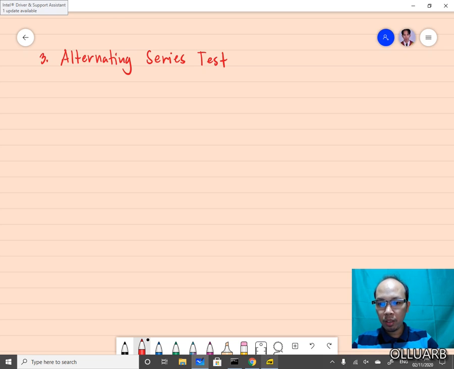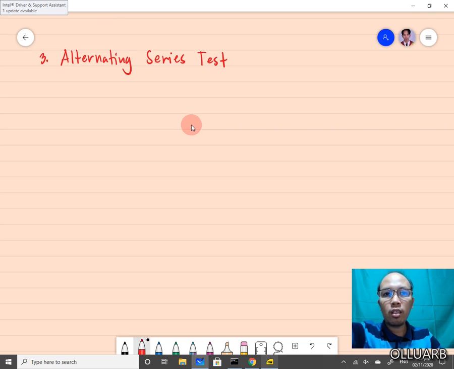So what will happen if we allow negative terms? Actually this will be difficult, but there is one exception in which we can estimate the sum of a series that involves negative terms, and that is, as you can see in the title, alternating series.